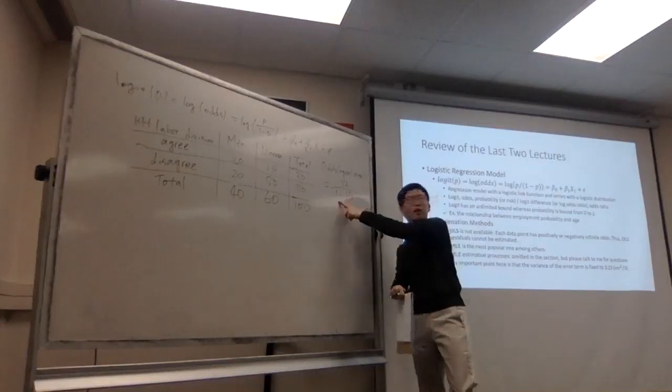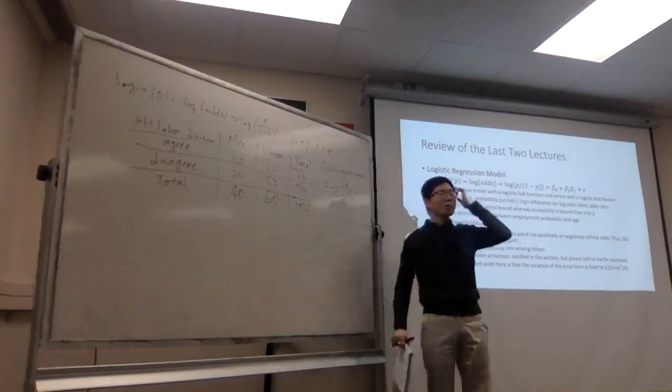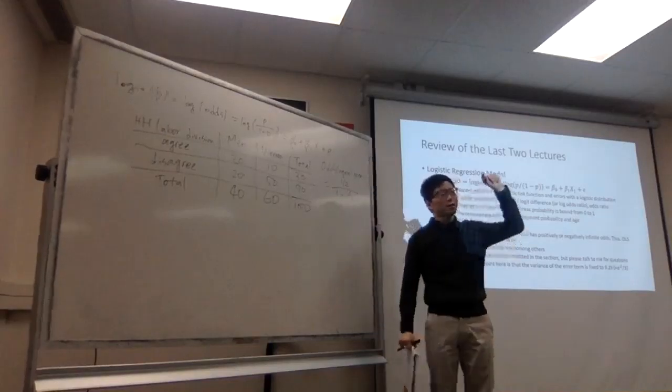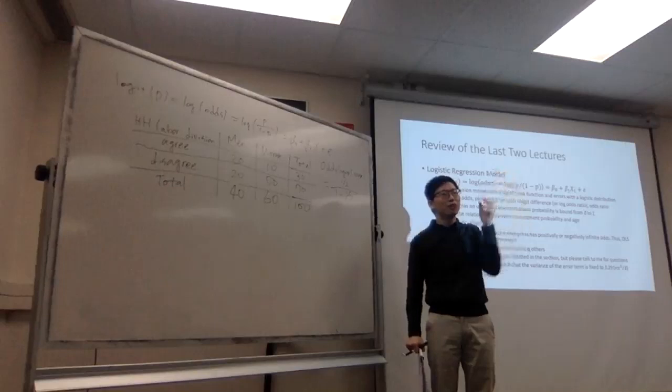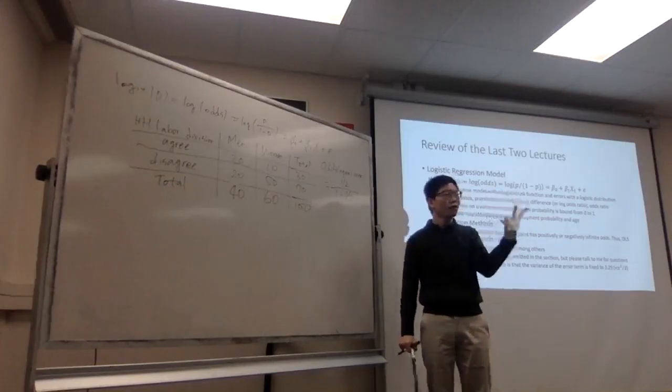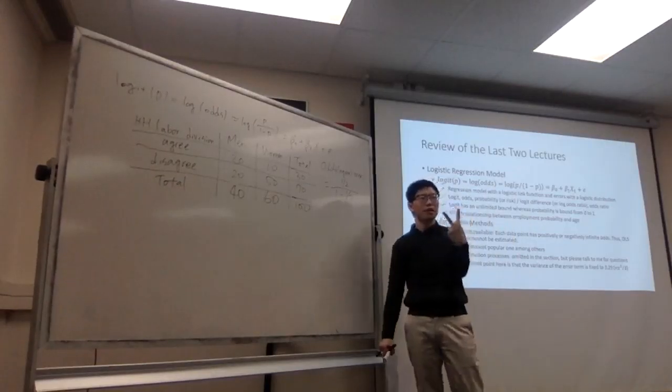P divided by 1 minus P. So basically it's the ratio between agreeing versus disagreeing.